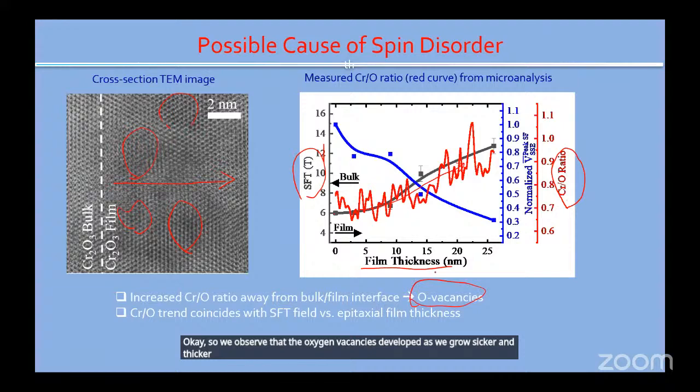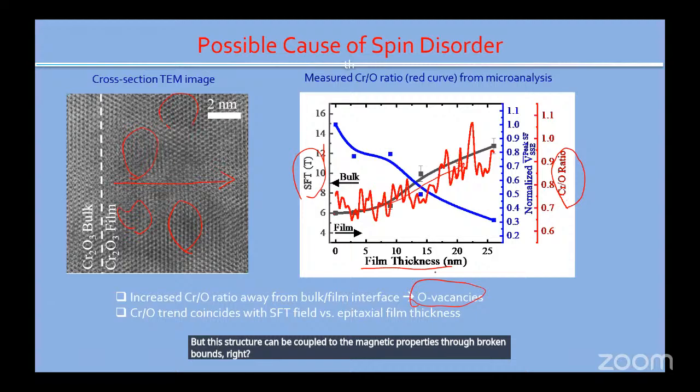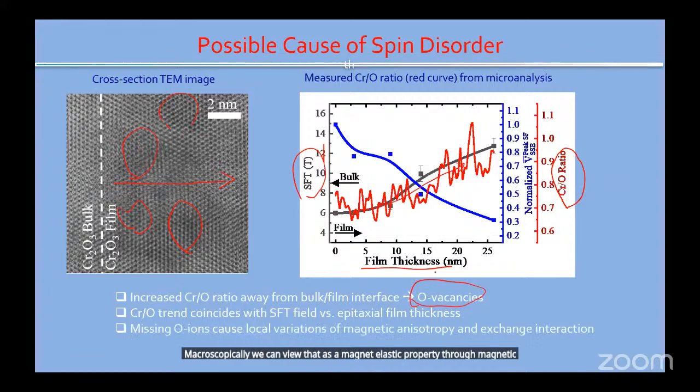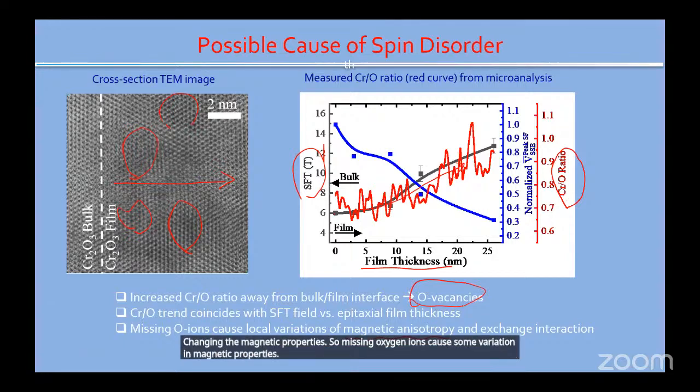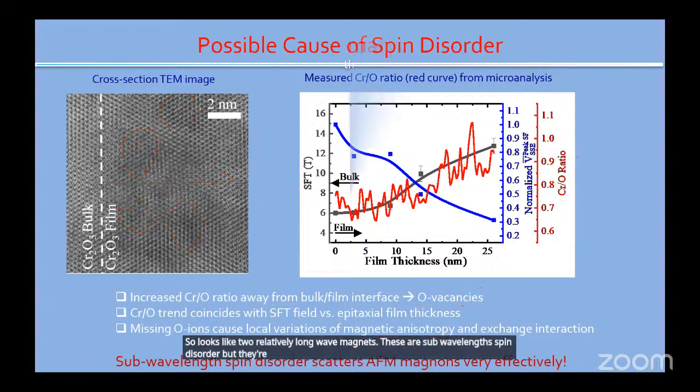That's purely structure, but this structure can be coupled to the magnetic properties through broken bonds, through the coordination number change, and also, macroscopically, we can view that as magnetoelastic coupling changing the magnetic properties. So missing oxygen ions cause some variation in magnetic properties. That is the possible cause for the scattering. So these are subwavelength spin disorders relative to relatively long wavelength magnons, but they're very effective in scattering magnons.